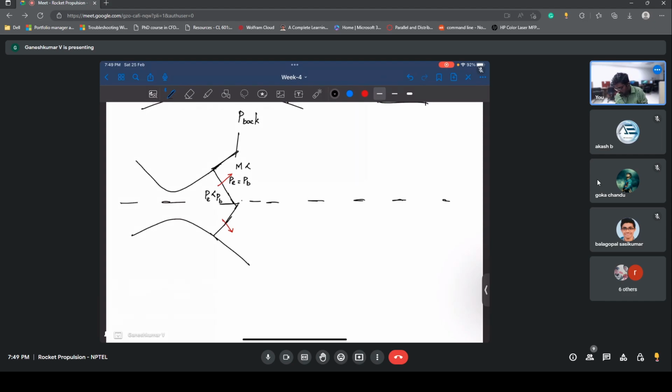In the central section, P is less than P infinity, and then it again puts a shock wave. Right, I was right. Okay, so this gets reflected.